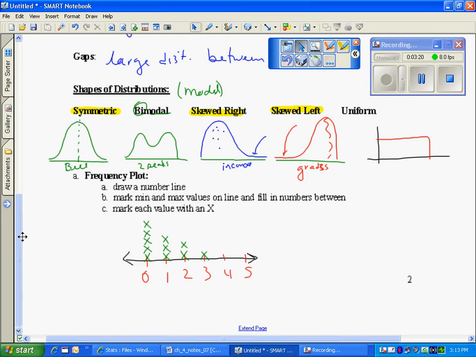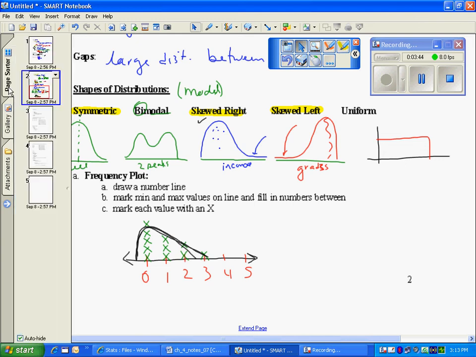If I kind of draw this smooth curve over the tops, it's kind of got this shape here. And that's what we'll be looking for. So notice you're looking for the min and the max on the number line. I didn't have anybody with more than 5 children. Really, I didn't have anybody with more than 3. And I use an X. Now sometimes you can use a dot. What you need to make sure is the X's are all the same size with the same spacing.